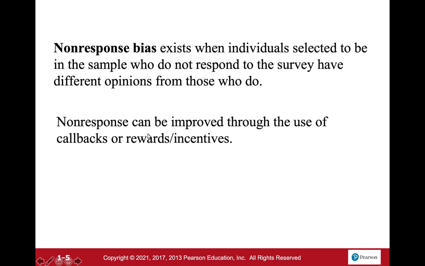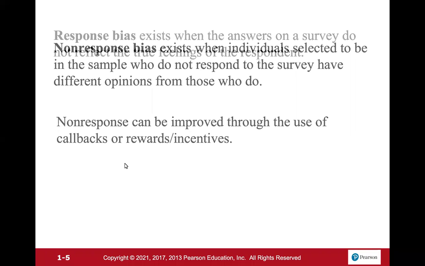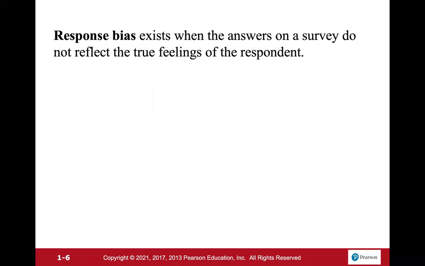So there's always going to be callbacks. So another one is them actually physically calling you. Your number could be part of a bunch of different lists, and they actually sell these lists to different people. So if they have you on some sort of calling list, they could actually call you for some of these response biases or non-response bias.